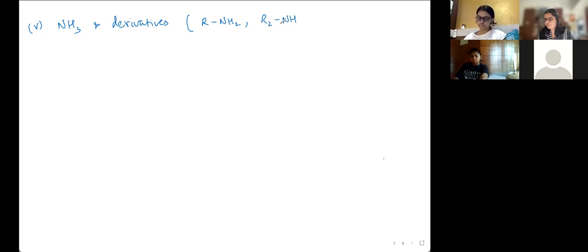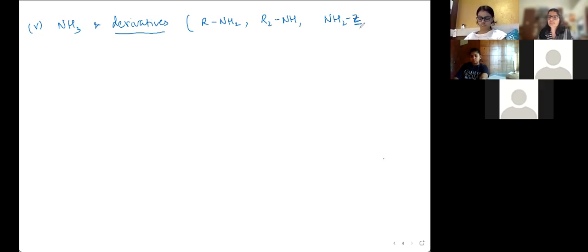So the different forms of amines. So generally derivatives of ammonia, meaning you have NH2 and Z, where Z can represent any covalent group. Could be an alkyl group, it could be an OH group, anything. So basically they have this sort of a structure. They are derived from ammonia. So you can look at structures which remind you of ammonia.